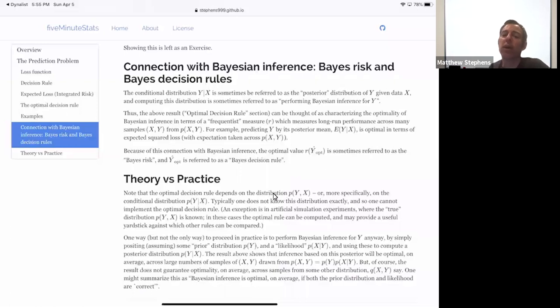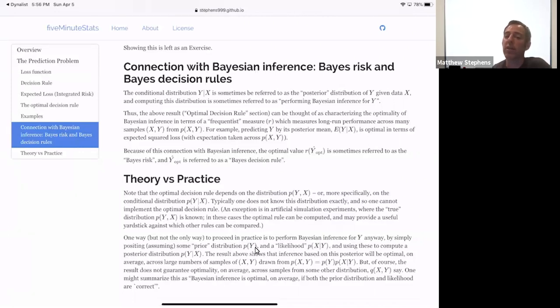Of course, in practice, we might not know this joint distribution. That's theory versus practice. Nonetheless, this kind of optimality could motivate ways of attempting to solve the problem. For example, one way we've already seen is that we can specify a prior distribution for y and a likelihood p of x given y.